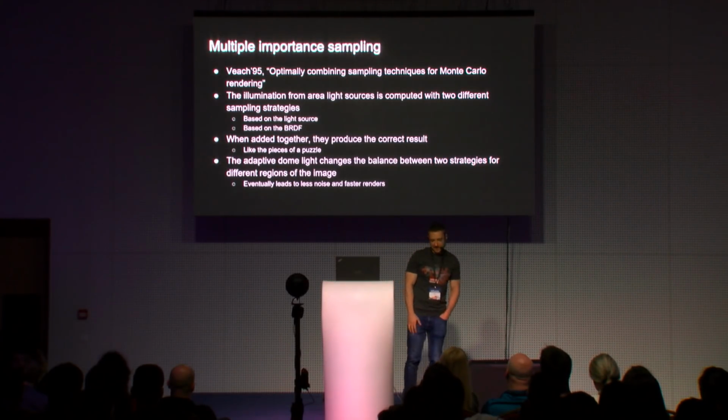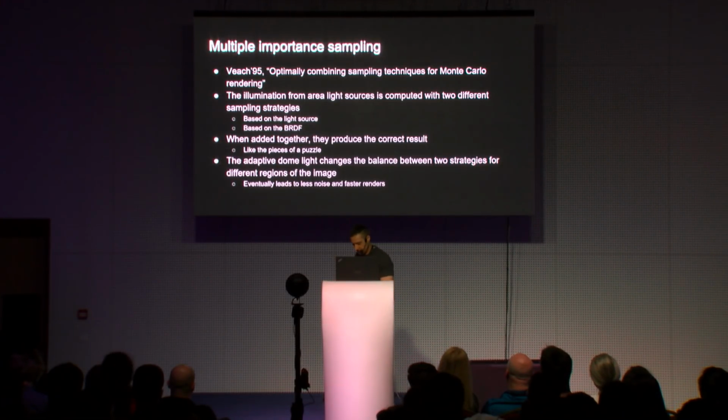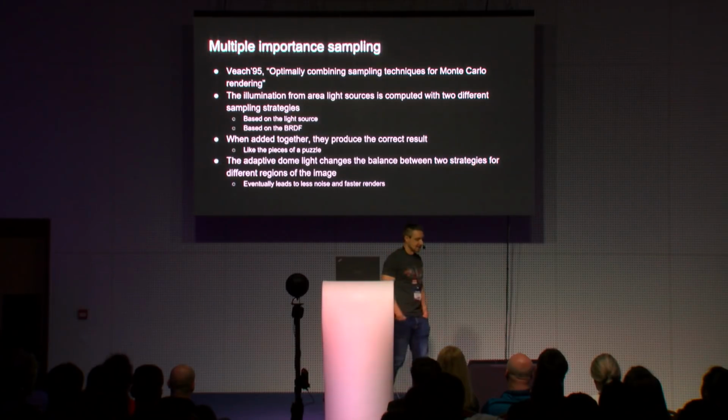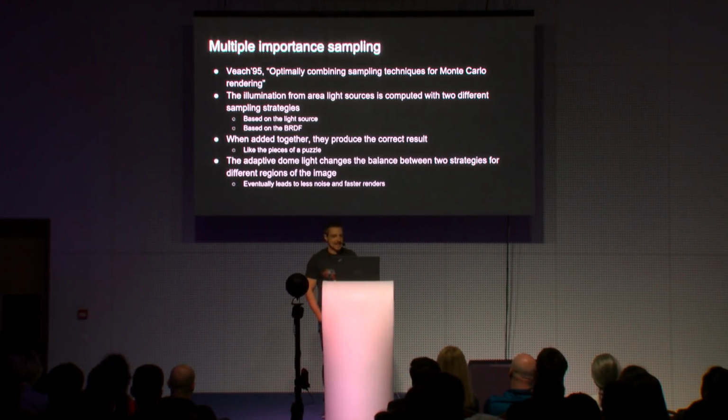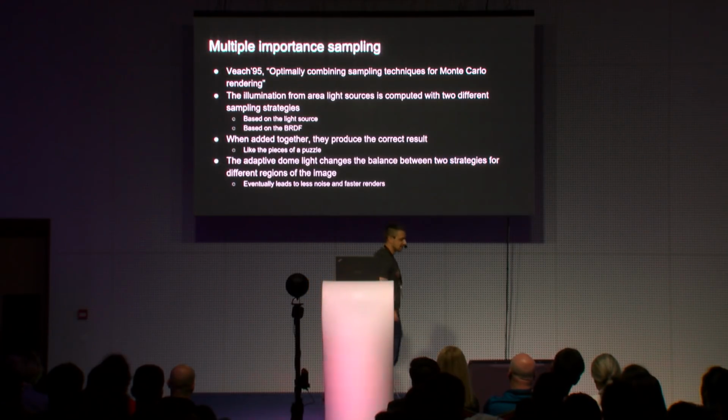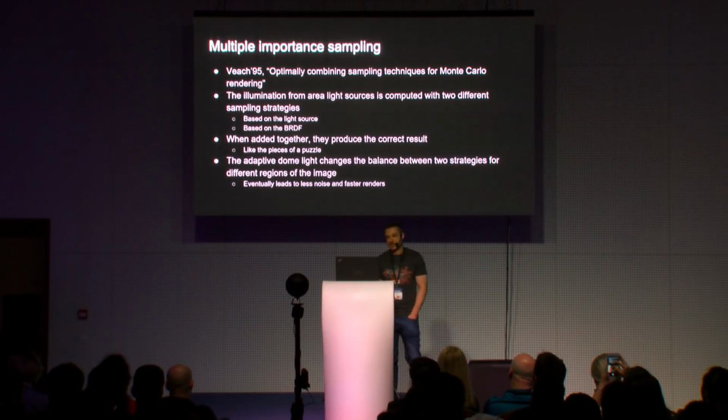It's basically a method to combine several different sampling strategies in ray tracing. Basically, you have two ways to calculate the same thing. One is based on the light source, and the other one is based on the material. And in some situations, one method is better than the other, and there is a particular way to combine both results so that you get the least amount of noise in the image.